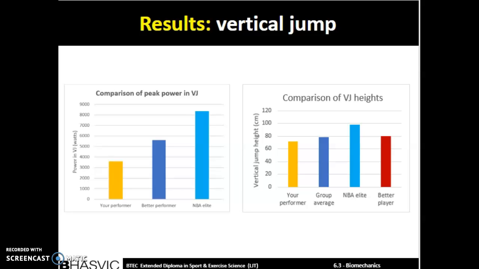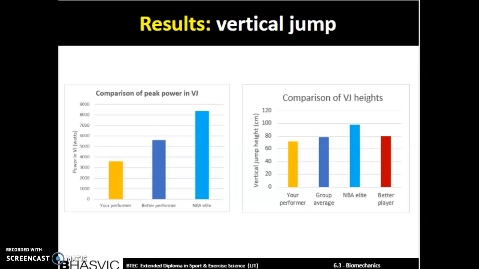Therefore, they would need to increase their power, as this will give a huge advantage on increasing their vertical jump, and therefore it will make a bigger impact in their game, which could overall make them perform better, get higher rebounds, get higher blocks, and get higher dunks.